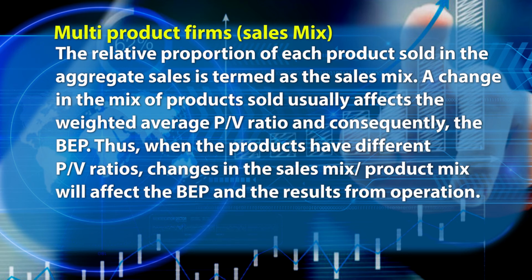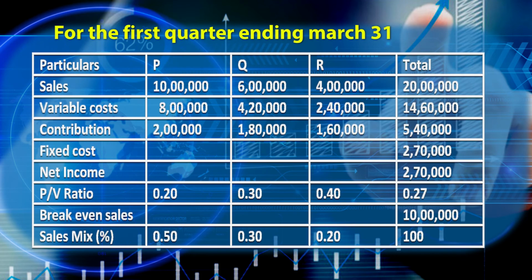the results from operations. From the information given in the form of income statement for the first quarter ending March 31st, sales for P, Q, R is given as 10 lakhs, 6 lakhs and 4 lakhs, so total sales is 20 lakhs. Variable cost for P, Q, R is 8 lakhs, 4 lakh 20,000 and 2 lakh 40,000, so the total is 14 lakh 60,000.